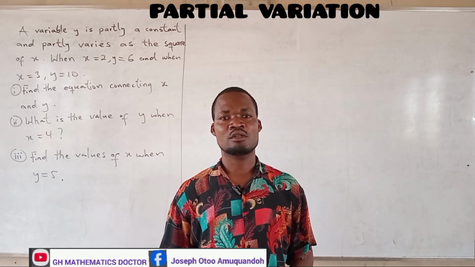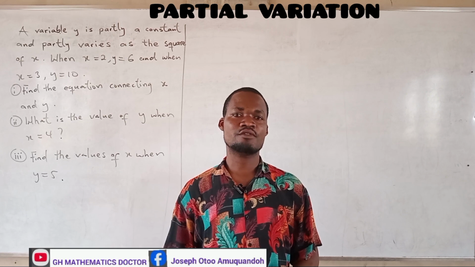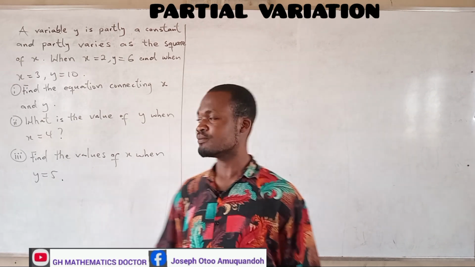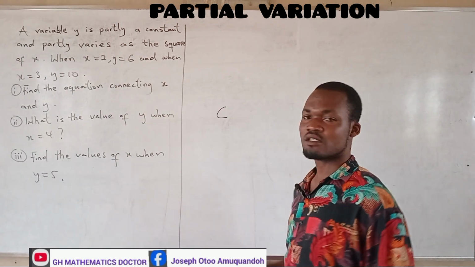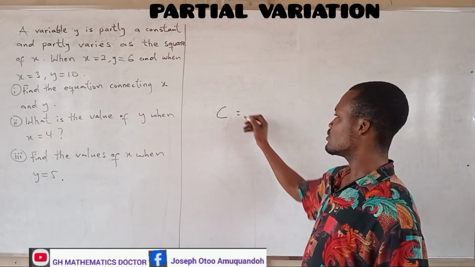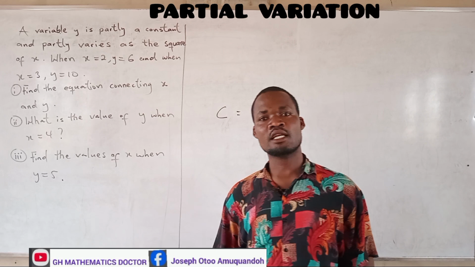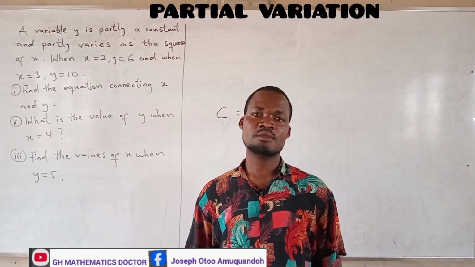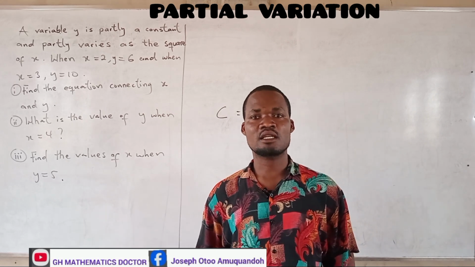So, the cost of the amount that the man has to pay for renting a car will be put into this form. We have the cost of the amount the man has to pay as C equal to, and in the scenario, you heard that the man is subject to 50 Ghana cedis maintenance cost.